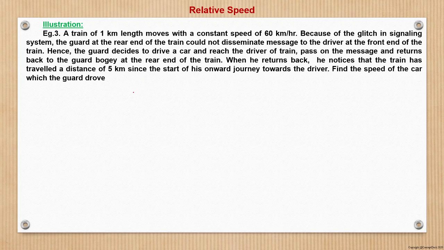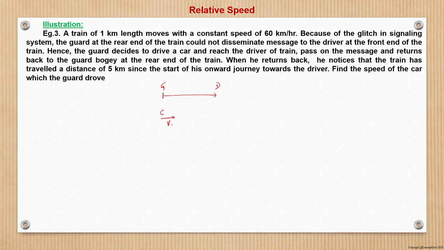Now see, we'll first try to understand the scenario. Here is a train. So this is the guard's bogie and this is the driver's engine, right? Because there's some fault in the signaling system, the guard cannot relay the information to the driver from here. So what happens? The guard takes a car and drives at a certain speed, right?